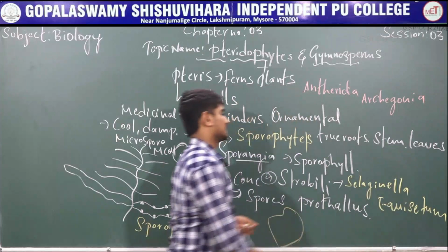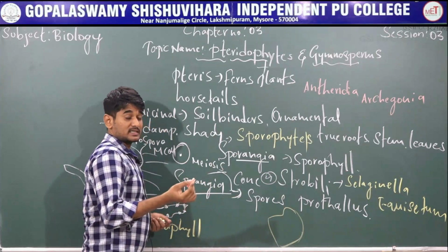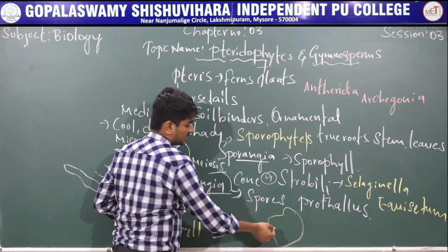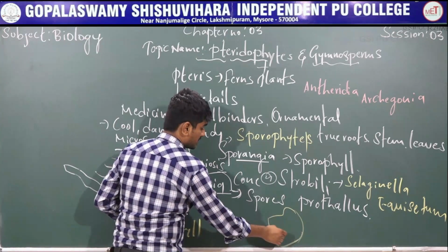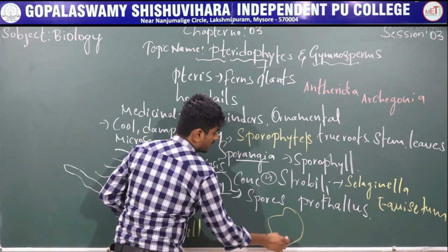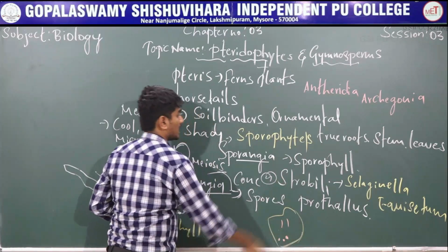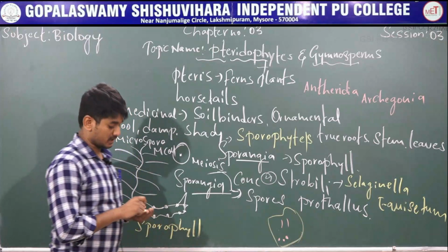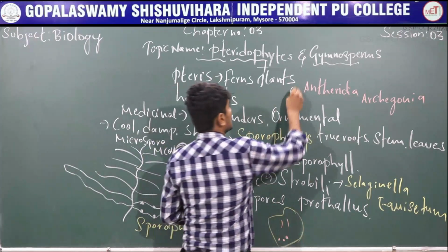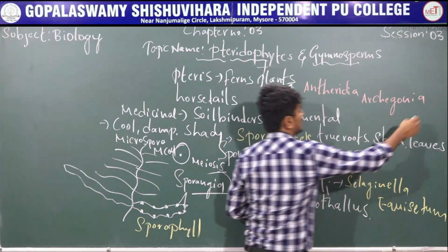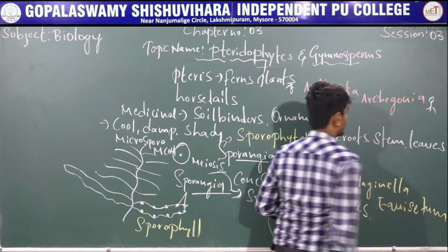The photosynthetic thalloid gametophyte is called prothallus.